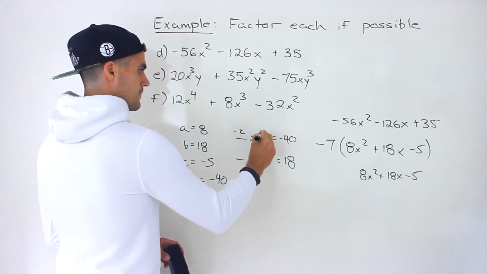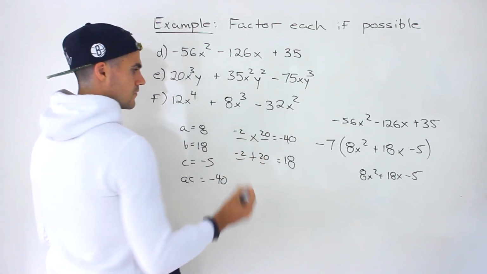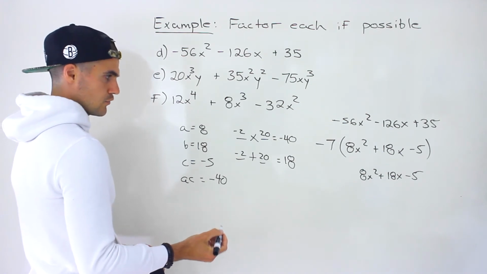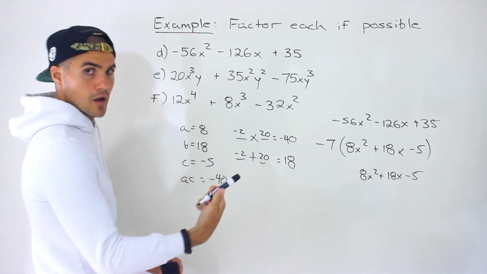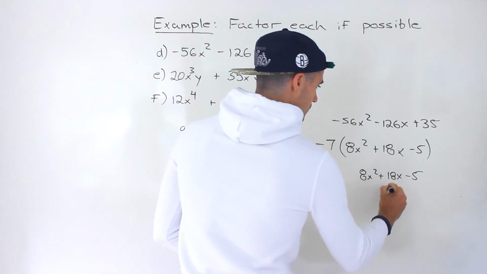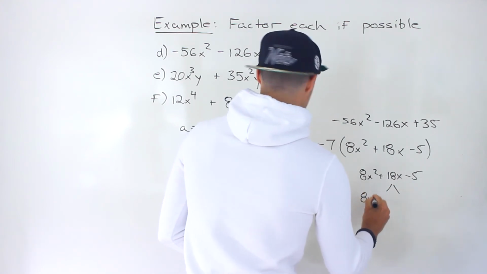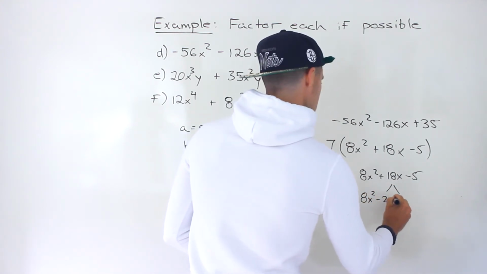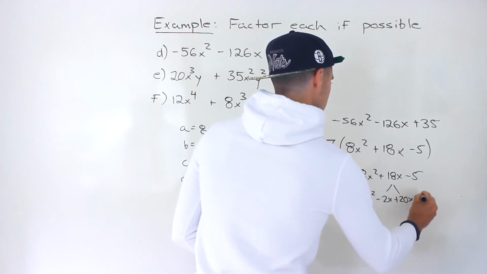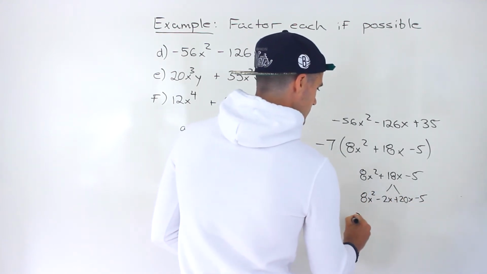-2 and 20? Right? -2 times 20 gives us -40. -2 plus 20 gives us positive 18. And so what we do, decompose like that. From these two, we could take out a 2x.